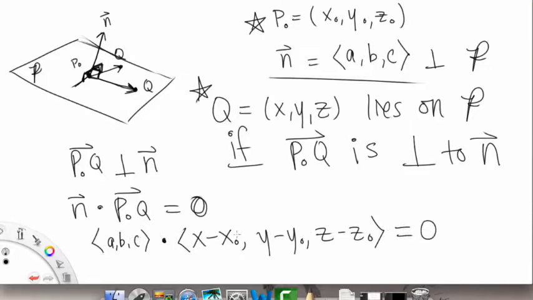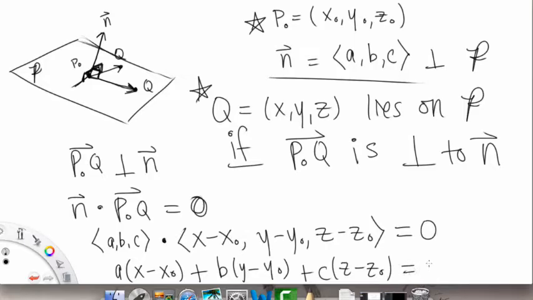The dot product has to equal 0. Then I'll continue down here and we'll solve for the dot product. So a times the first component of P naught Q, that's x minus x naught, plus b times y minus y naught, plus c times z minus z naught, equals 0.